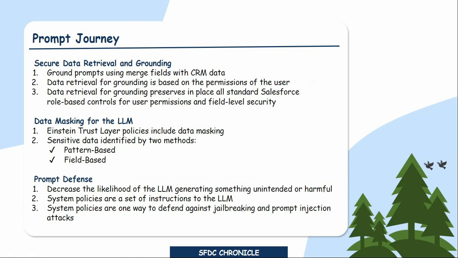The Einstein Trust Layer takes care of that. In the Einstein Trust Layer, we can set up which data should be masked and which should not. The Einstein Trust Layer identifies sensitive data based on two methods: one is pattern based, the other is field based.